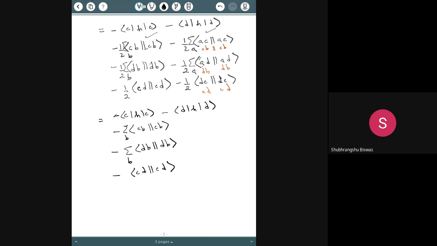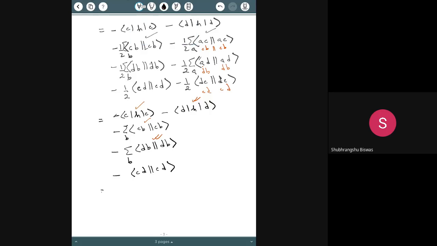Okay. Then, if we club together CHC and CB, that is the Fock operator expectation value with respect to C. And we can club together DHD and DB.